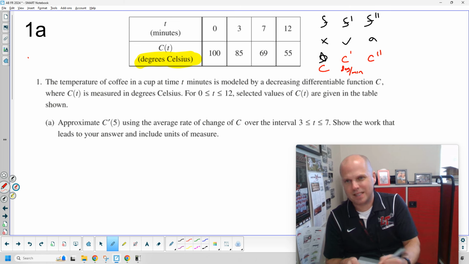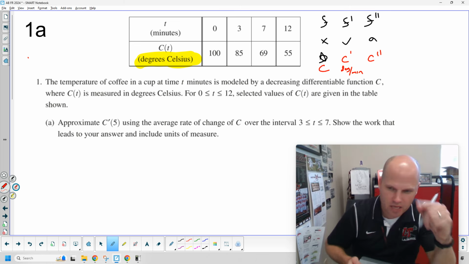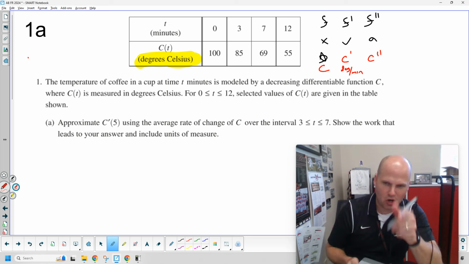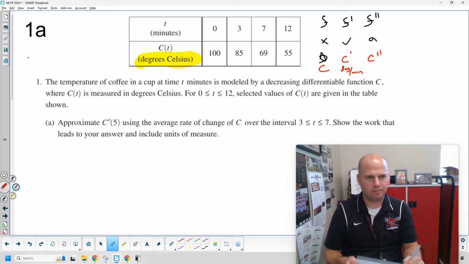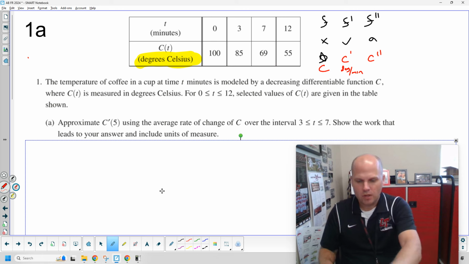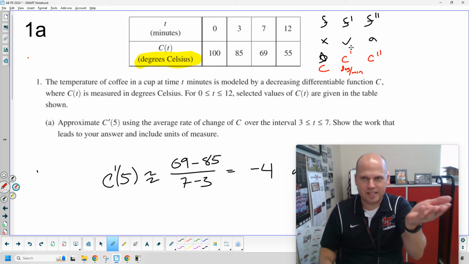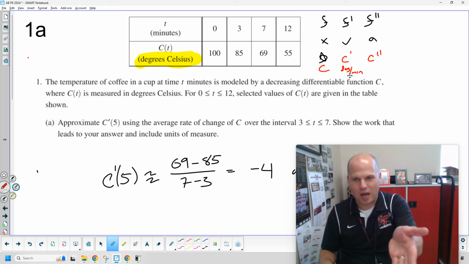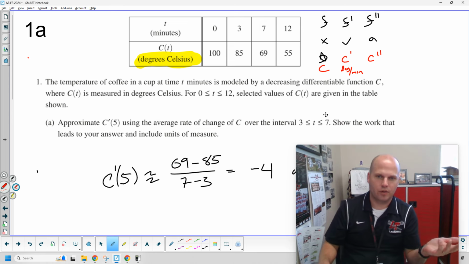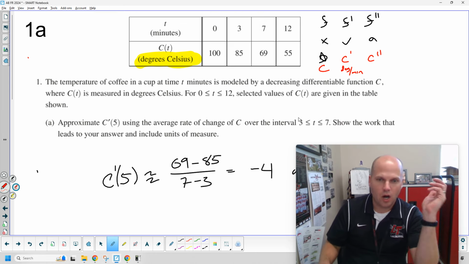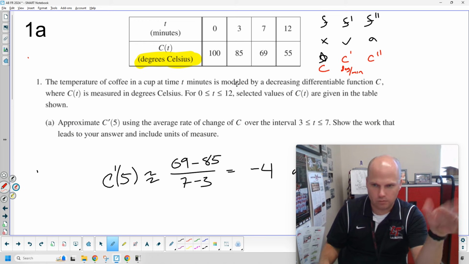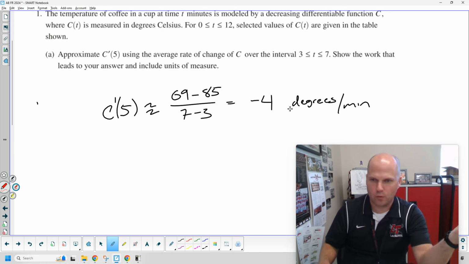Hopefully we picked up on that, though I'm sure many of you started in the middle because that's where we've been practicing. So C prime is not an A. C prime is a V. It's just a regular derivative, in degrees per minute. Using values, we've done it so many times, we get -4 degrees per minute.